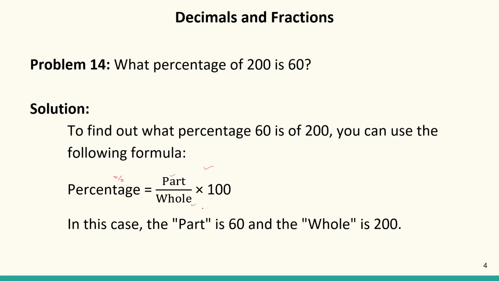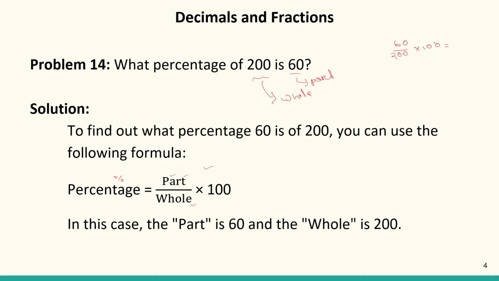Whole is the number of equal proportionate parts, and the part is the number of parts that we have, and that is multiplied by 100. In this case the part is 60 and 200 is the whole. So 60 by 200 into 100 is equal to the percentage.